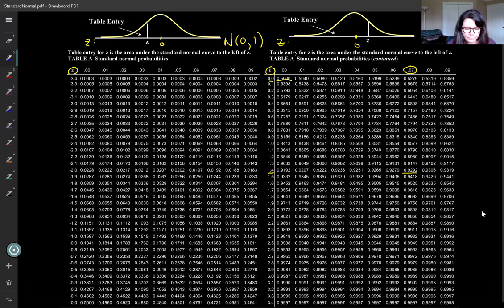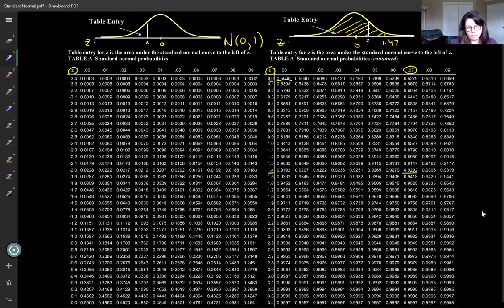So if Z is right here, 1.47, is it the area under the curve to the left of that or to the right? Well, 0.9292 is a large number, right? It's a lot. So it's definitely the area under the curve to the left. And that's what these table values give us, always to the left.